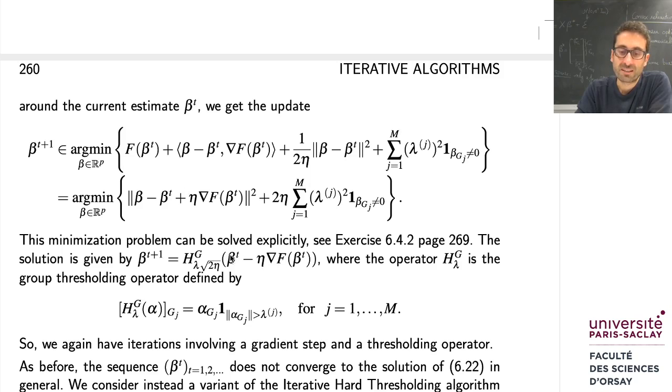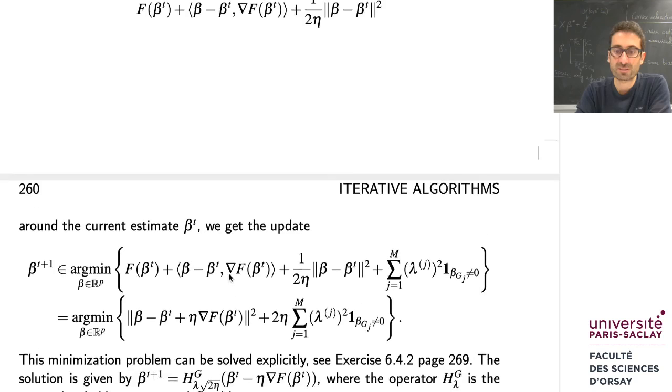So I have made my gradient update, and I will apply the group thresholding at a level which is, if I define lambda square root 2 eta, so here it means that I will not choose lambda j, but lambda j times the square root of 2 eta, right? So we have the same kind of iterative algorithm, except that instead of applying hard thresholding, we apply group thresholding.